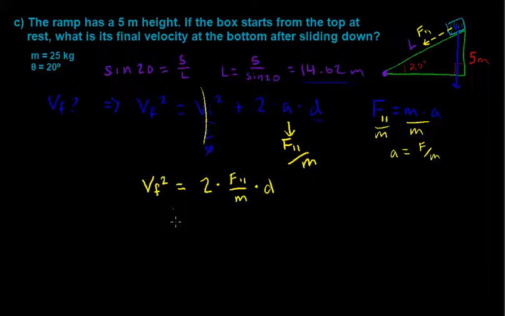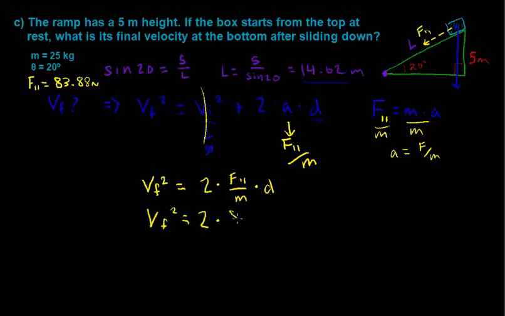So let's solve for our final velocity. Our final velocity squared is equal to 2 times, and then, we don't actually have the parallel component of force listed, but I do remember it from the previous parts. Our parallel force of gravity was equal to 83.88 newtons.